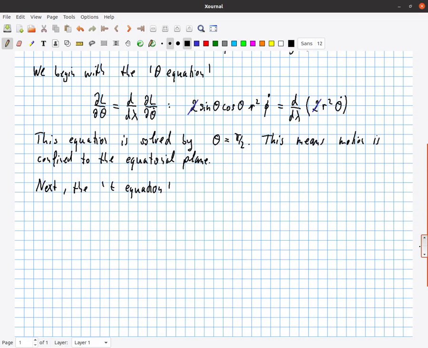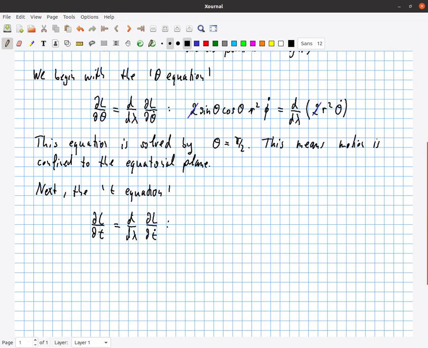And this should have some implications for our geodesics and the geodesic equations that we are interested in. dL over dt equals d over d lambda dL over dt dot. As I already said, it is not explicitly a function of the coordinate t. Therefore, we get a 0 on the left.